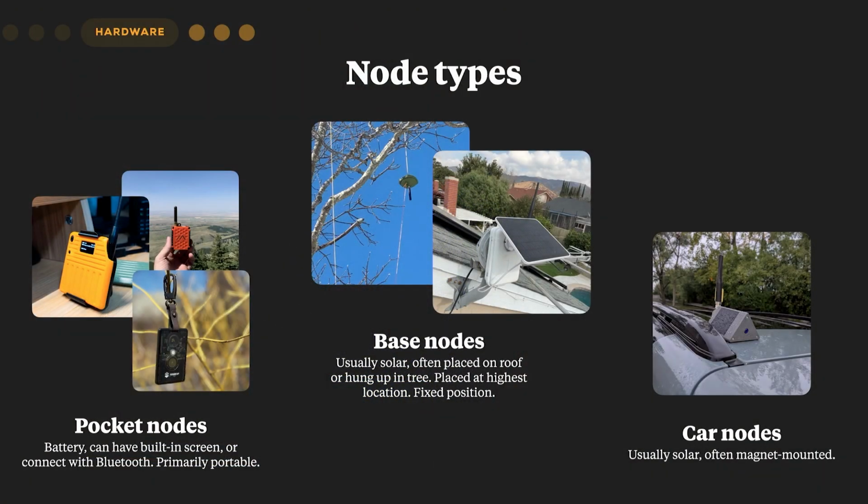Another thing that people might use is a base node. So this is something that you might hang really high up in a tree or mount on top of your house. I have one strung up in our tree in our backyard, God willing. And so these base nodes tend to have solar panels, like I mentioned.